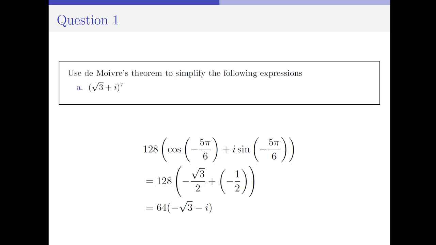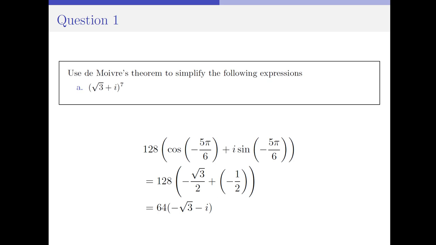So all I've done is I went back to where I was, this 128 cosine minus 5 pi over 6, and I've replaced my cosine of minus 5 pi over 6 with minus root 3 over 2, and I've replaced the sine of minus 5 pi over 6 with my minus 1/2. Note there should be an i after the half. That's just missing from there, so just add that in.